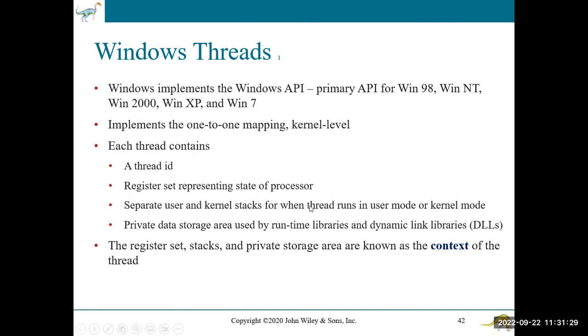Separate user and kernel stacks for when the thread runs in user mode or kernel mode, and private data storage used by runtime libraries and DLLs. So register set, stacks, and private storage area are known as the context of the thread. So these are memory components, right? When you talk about the context of the thread, you're talking about what's loaded into memory.